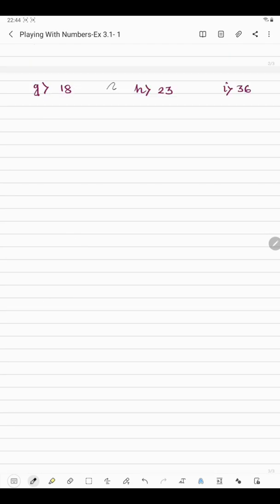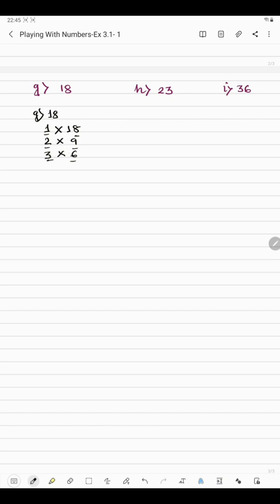Now coming to the next part, we have 18. Now we will have to find the factors of 18. So here 1 18s are 18. So these are the factors of 18. Again after 1, 2 comes. Now 2 9s are 18. So these are the factors of 18. Now after 2, 3 comes. So 3 6s are 18. So these are the factors of 18.